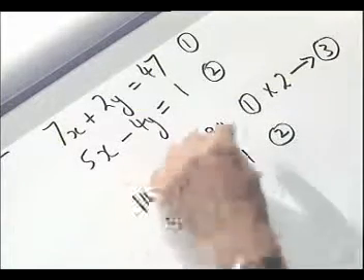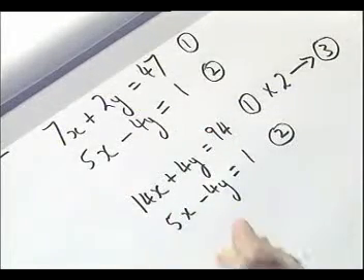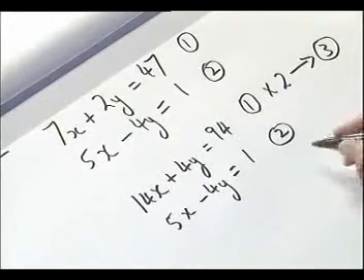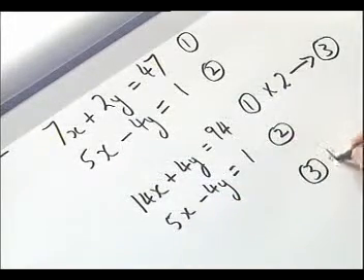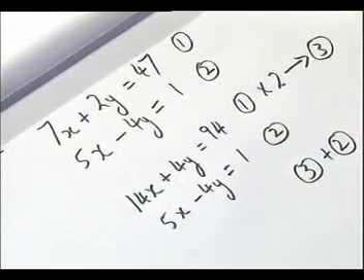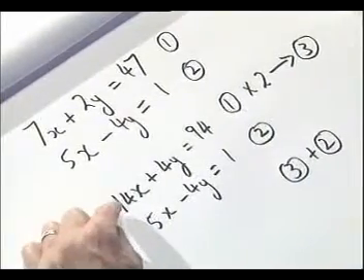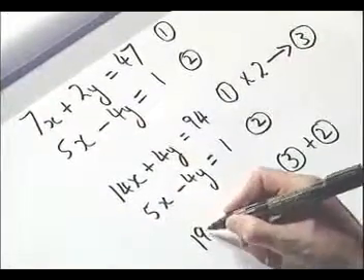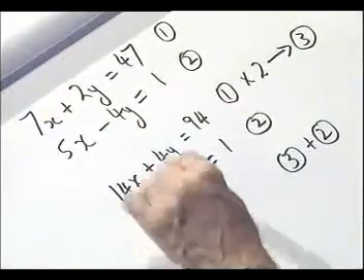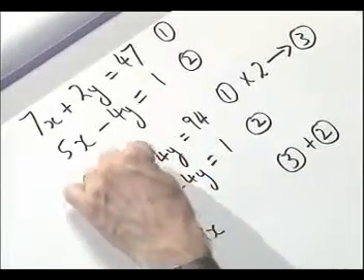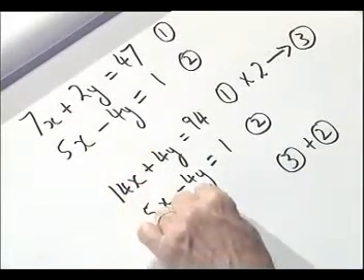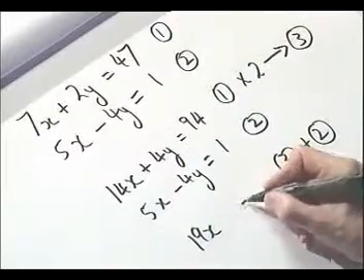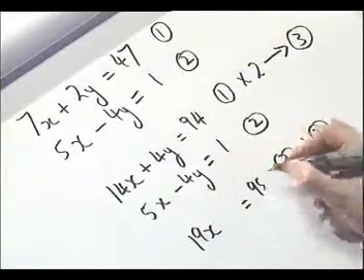Now, I've got two equations. This is plus 4y and this is minus 4y. So, if I add the two equations together, what happens? I get 14x plus 5x, that's 19x. No y's, because I've plus 4y, add it to minus 4y, no y's at all, equals 95.